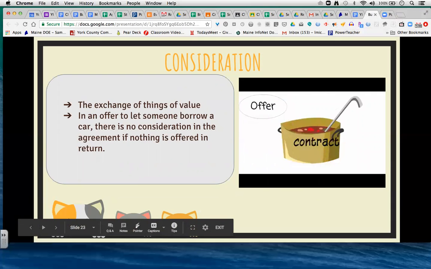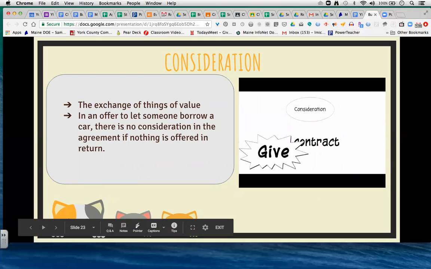Our elements, or ingredients, for a contract are offer, acceptance, and consideration. An easy way to understand consideration is that each party has to give something and get something. And just make sure that what a party is giving is not something that party already has to do.